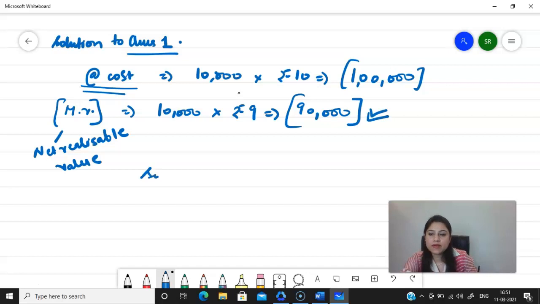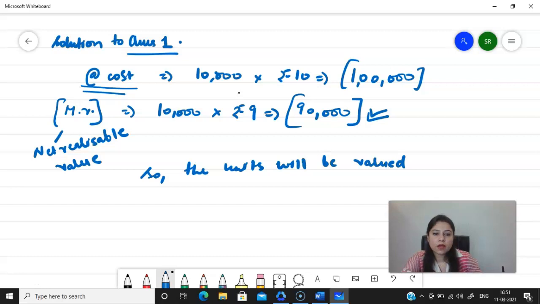So the units will be valued at rupees 9, and thus such stock would be depicted in the books of accounts at the value of rupees 90,000.